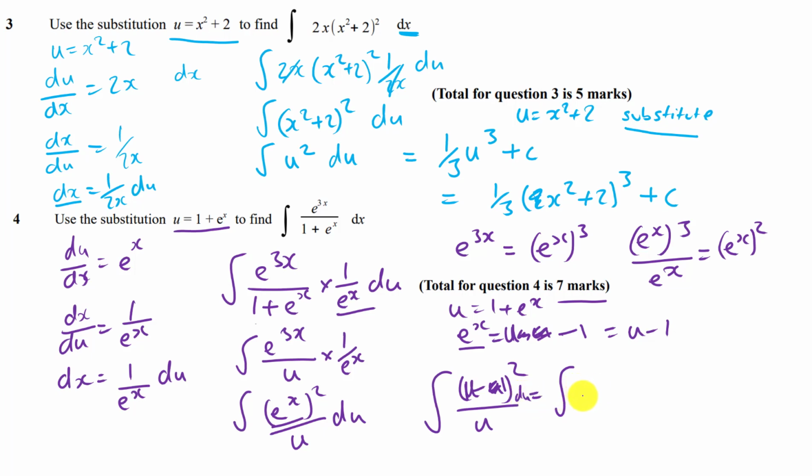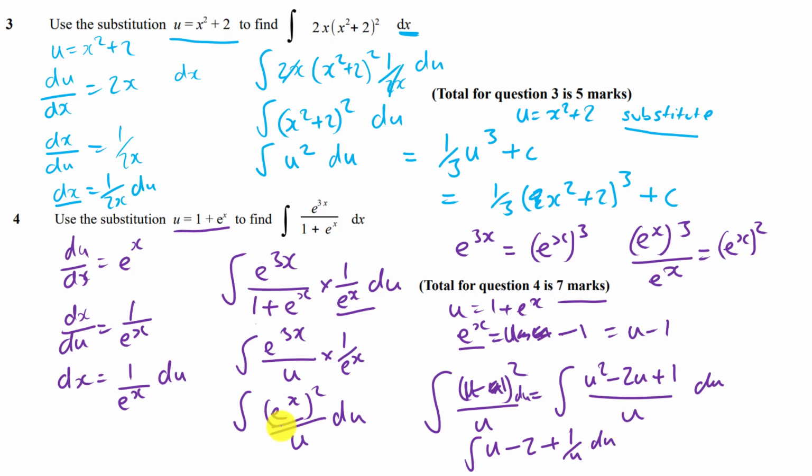U minus 1 squared is going to give us u squared minus 2u plus 1, over u du. Right, remember we can divide out each term. So u squared over u is going to give us u, minus 2u divided by u is going to give us 2, and plus 1 over u, which is u to the minus 1, or 1 over u. Happy with that?